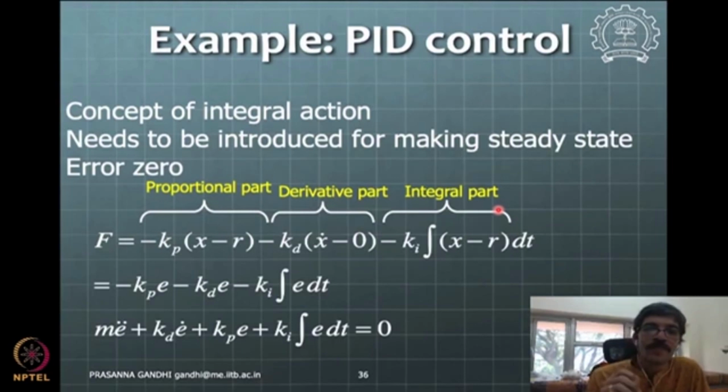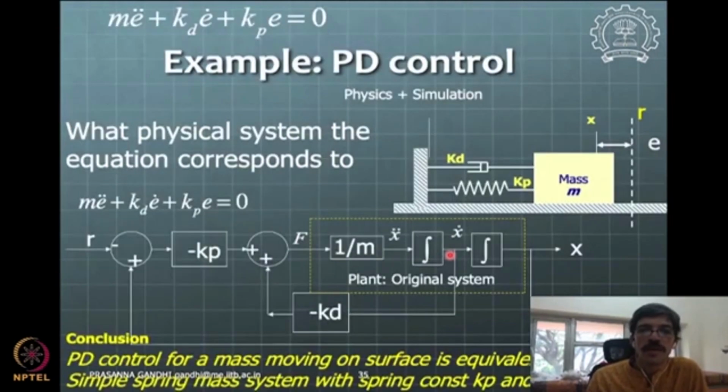Even if this system were to move in the horizontal plane, the same thing would happen as for this mass in the horizontal plane without the spring and damper. The spring and damper are the virtual springs and damper that are put in the system.